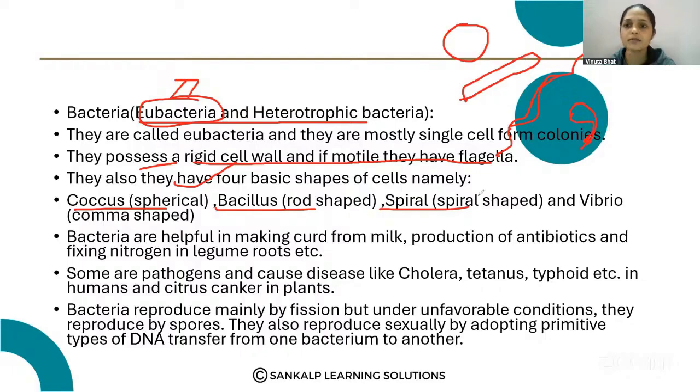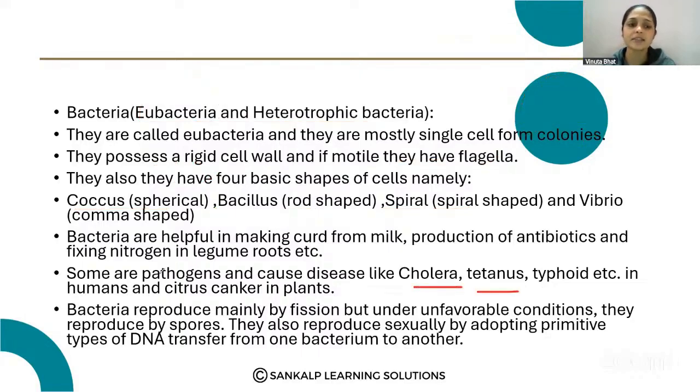So that is how they are named: coccus, bacillus, spiral, and vibrio. Some bacteria are pathogens. They cause diseases like cholera, tetanus, and typhoid. And not only in humans, in plants also, like citrus canker.